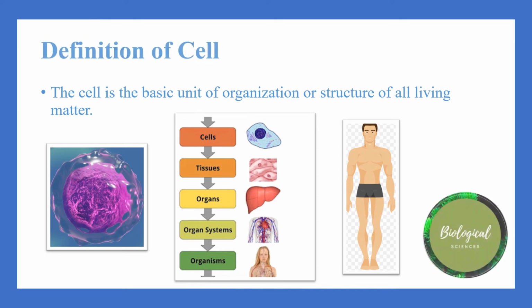So what is a cell? A cell is a basic unit of organization of any living organism. Like you can see in this diagram, or we can think of any living organism. In this diagram you can say of a human.